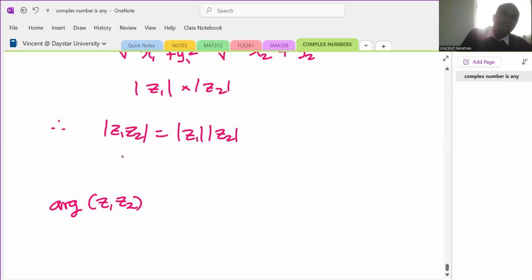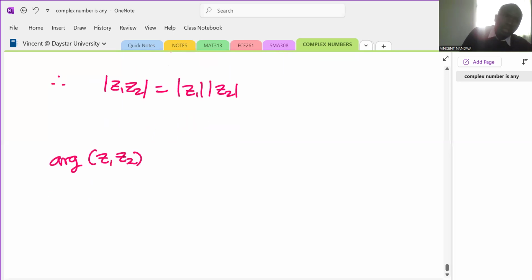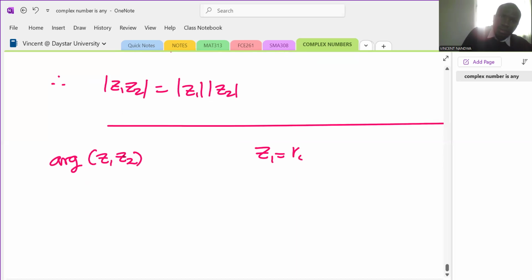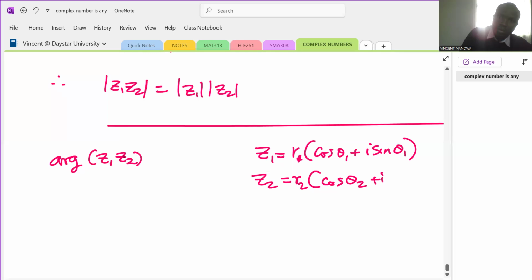So you see, we are saying that Z1 can be written as R1 into (cos theta 1 plus i sin theta 1). Z2 is the same as R2 (cos theta 2 plus i sin theta 2).